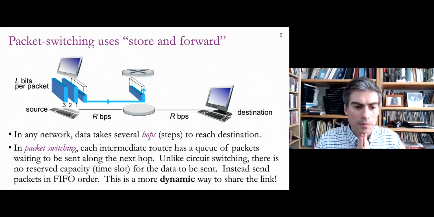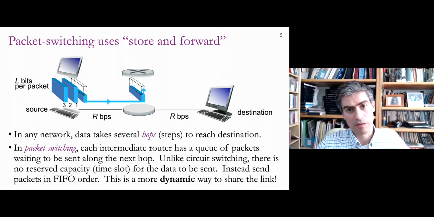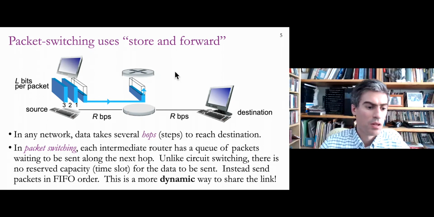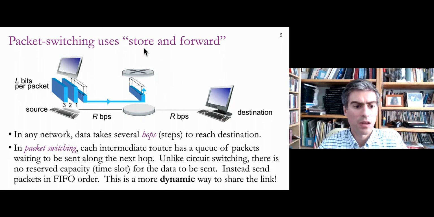Now, packet switching is different because it doesn't reserve capacity on the path that's needed to send data from the sender to the receiver. It uses packets and a store and forward type of data transmission. By store and forward, we mean that the data that is sent from sender to receiver, these blue squares, is actually broken into chunks, which we call packets.